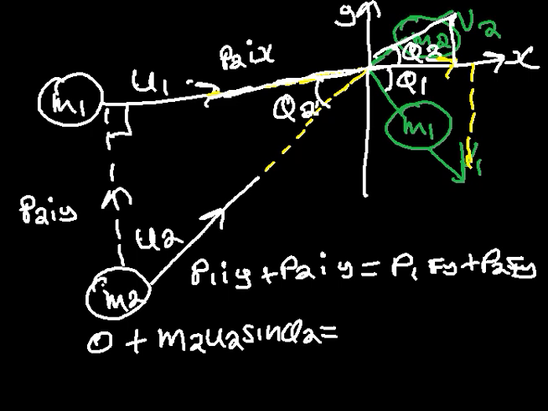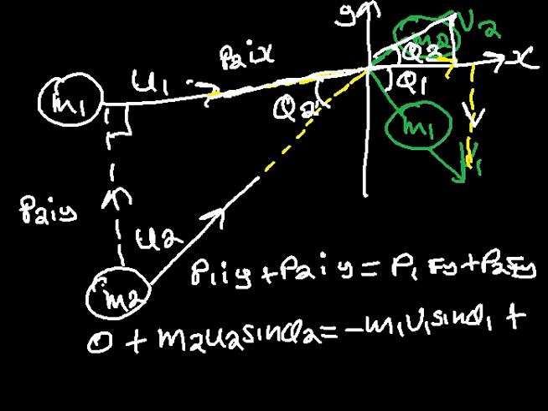That will be equal to the final momentum along y for object 1, which is going downwards, so it is negative: negative m1 v1 sin theta 1.